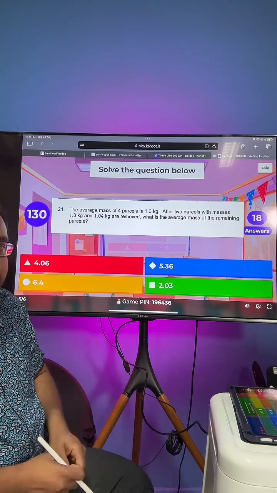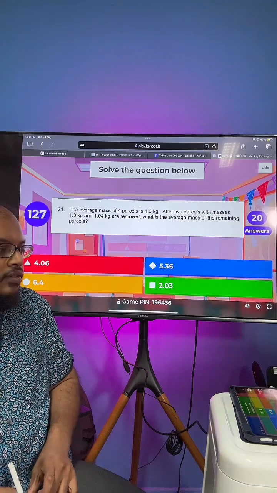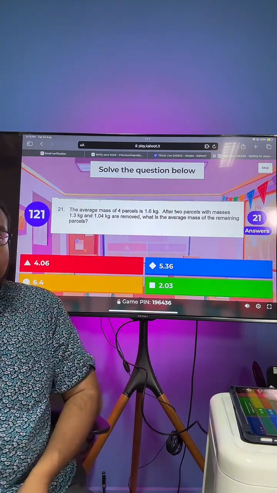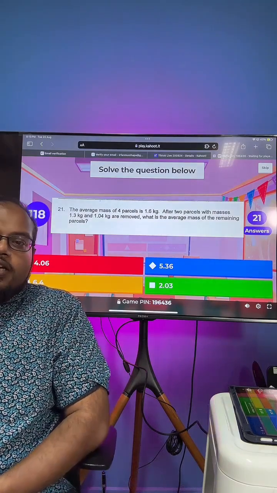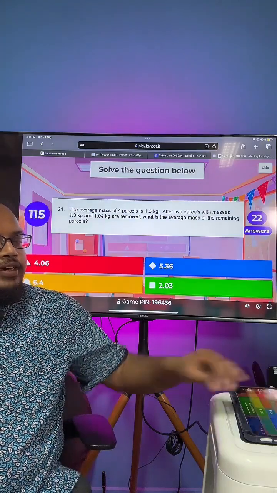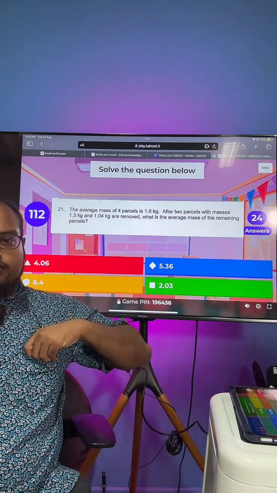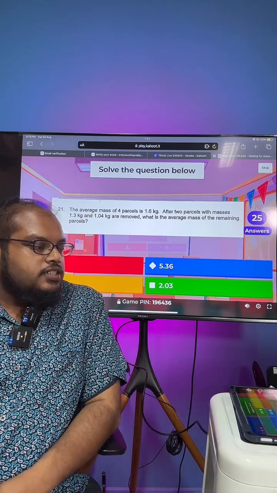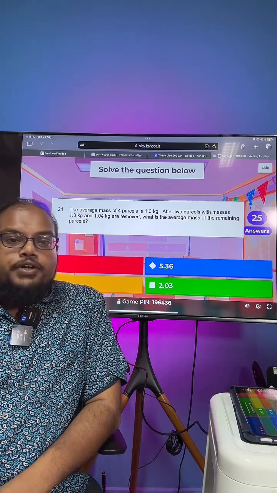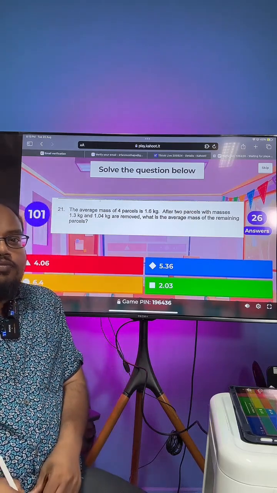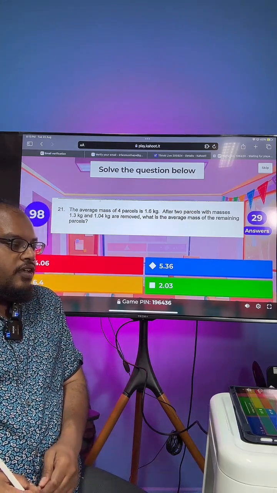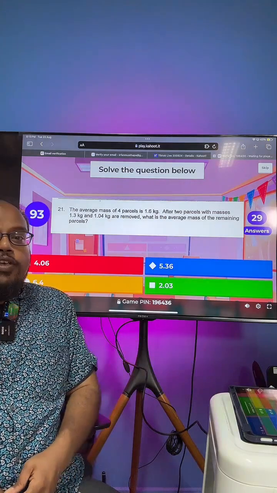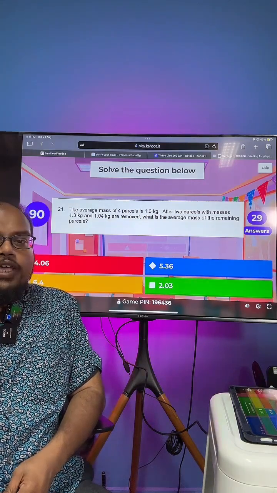Yes, there will be after this. Two more minutes. Remember your average, your total, your number, your triangle. How do you apply it here? This is on average. 100 seconds more. The 2 parcels that were removed are 1.3 kg and 1.04 kg.